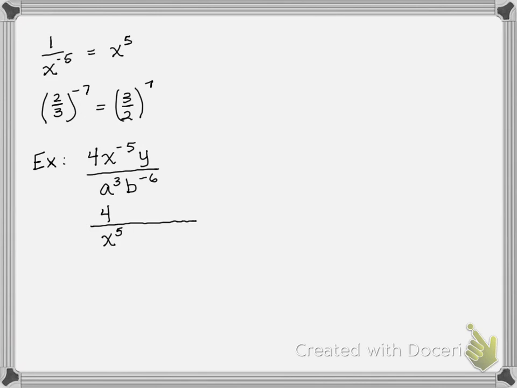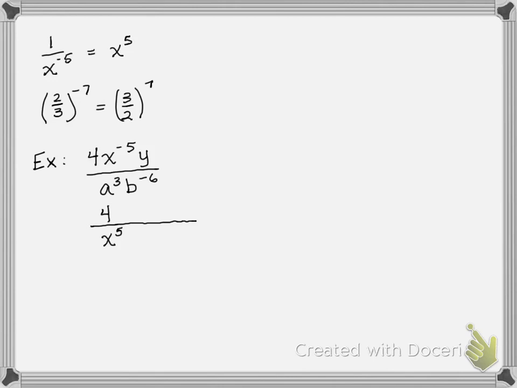One of my colleagues uses the analogy that if you own an apartment building and somebody has a negative attitude, then you make them move apartments, and if they have a positive attitude, they get to stay where they are. So if it's a negative exponent, it moves, and if it's a positive exponent, it stays.